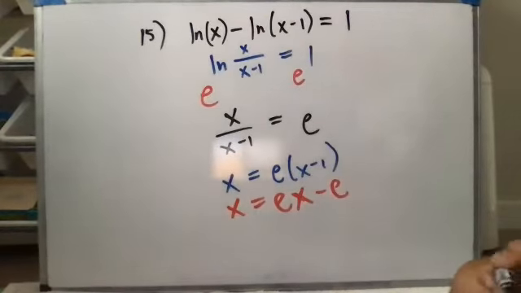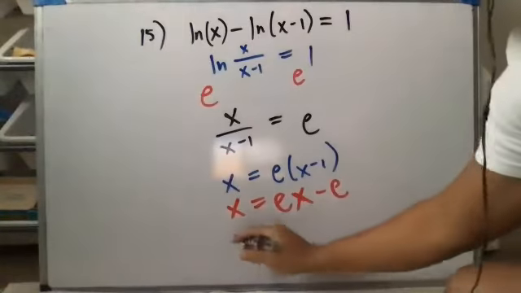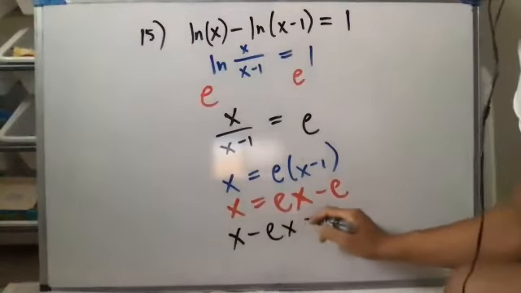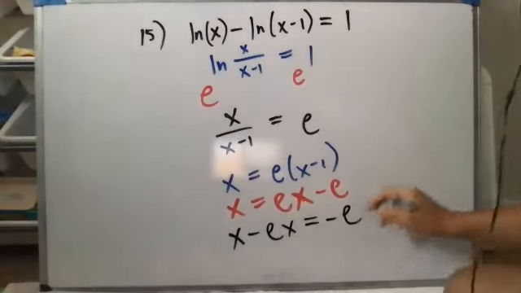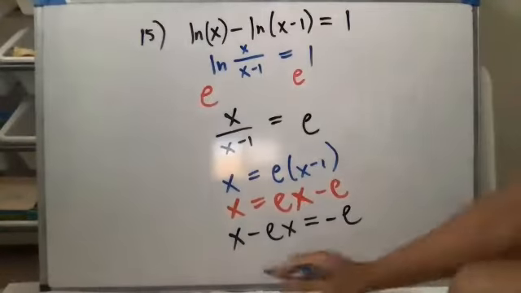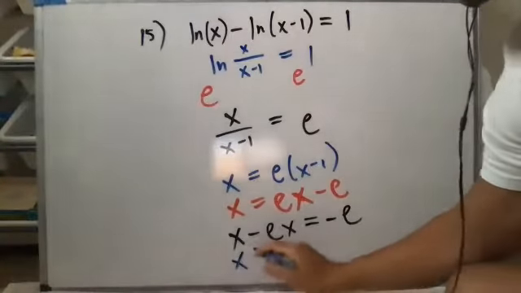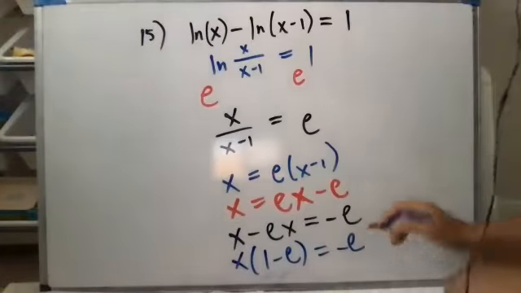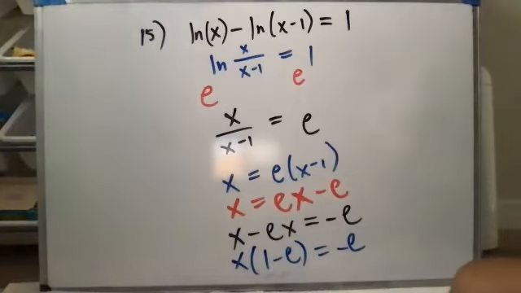Then I want to move all my x's to one side, so I'm going to subtract ex. It's going to be x minus ex equal to negative e. Then I want to factor the x out so I can get x by itself. So x times 1 minus e is equal to negative e. And I'm out of space, so I'm going to bring it back to the top here.